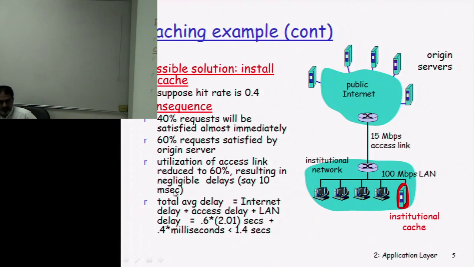So utilization of the access link is reduced to 60%, resulting in negligible delay, say 10 millisecond. Negligible delay, 10 millisecond, in this case. So the total average delay in this case will be internet delay plus access delay plus LAN delay.